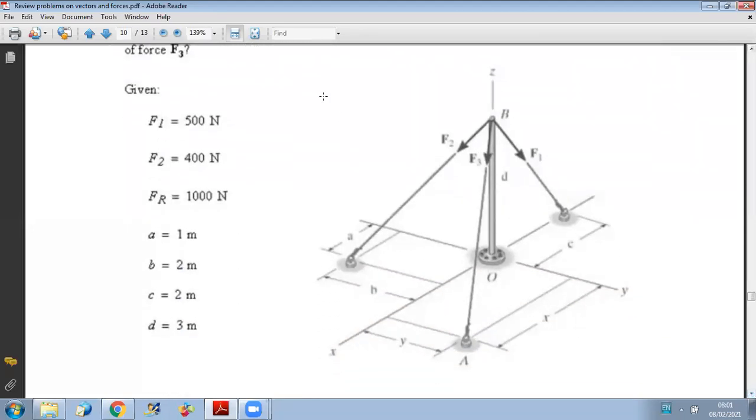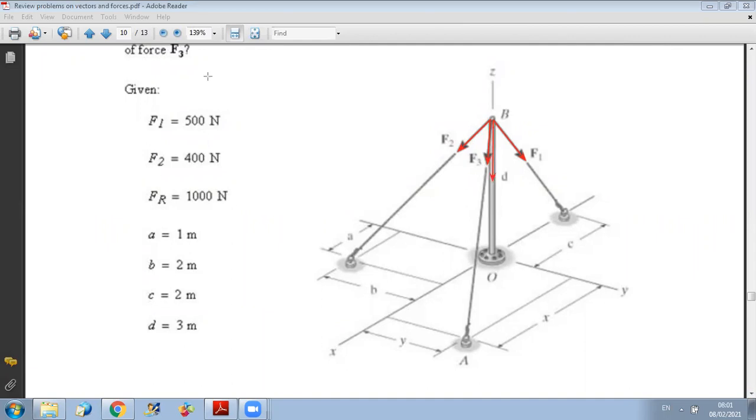What we have here, we have three forces acting on point B. We have F1, F2, and F3. And we want the resultant of these three forces to be along BO. It should be directed from B towards O. Okay, this is the question.